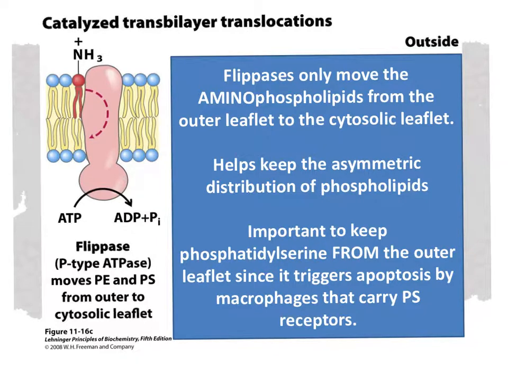So the flipase is important for the cell to remain viable and healthy because it keeps the phosphatidylserine and the phosphatidylethanolamine on the inside rather than popping out to the outside and triggering macrophage-mediated apoptosis.